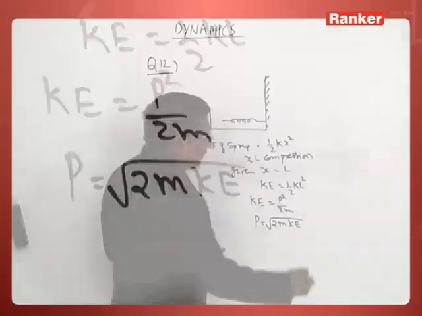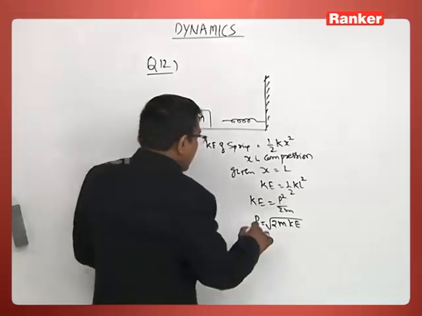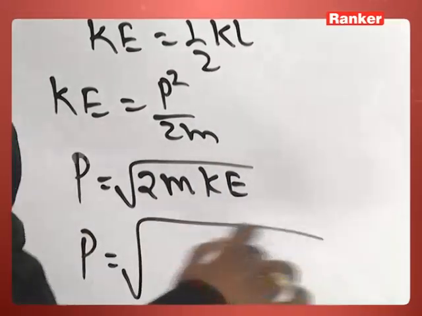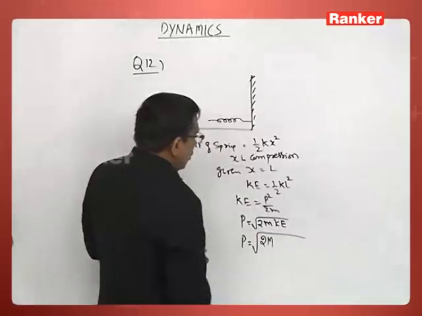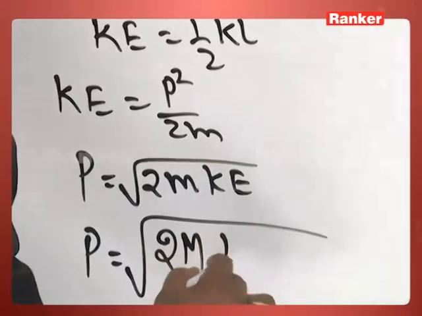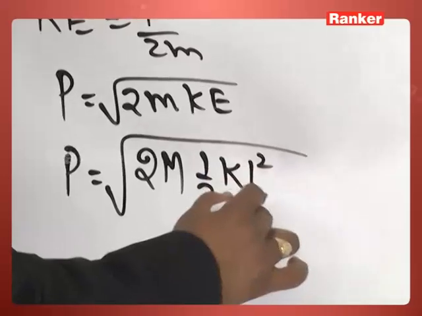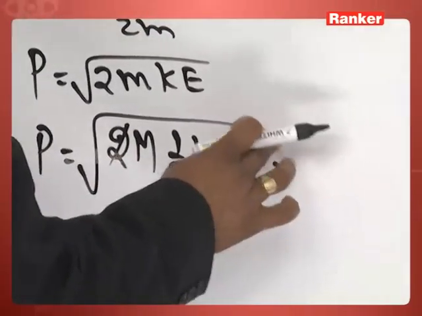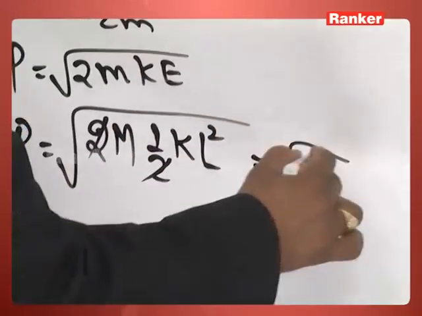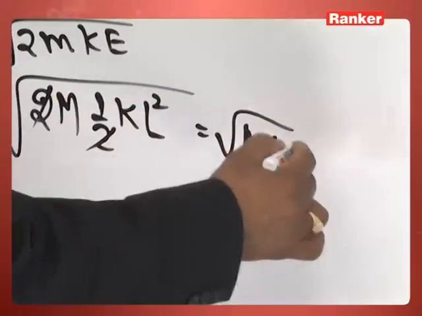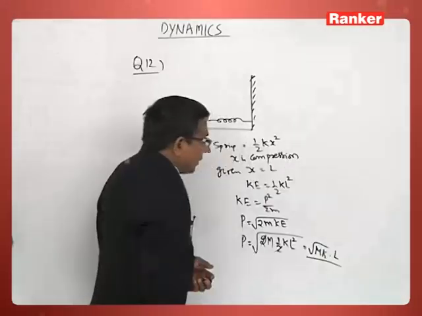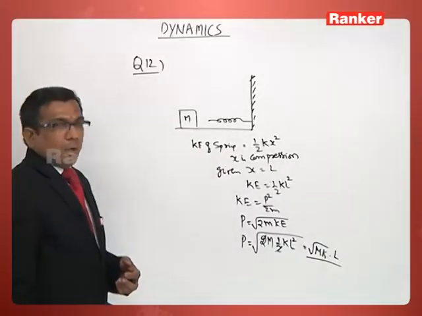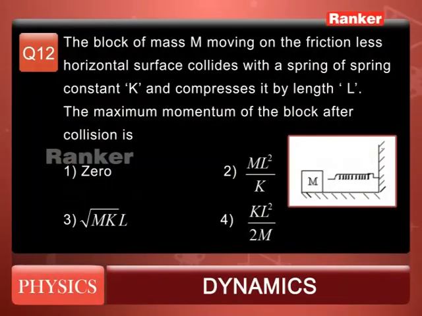Here the mass of the block is m, and the kinetic energy was given as half k L square. If you simplify, the 2 and 2 get cancelled, and root of L square is L. Therefore the momentum imparted to the block will be root m k times L, and the third option is the correct option, as in the third option you will find root mk into L. So the third option is the correct answer.